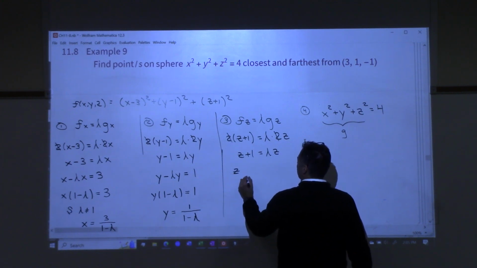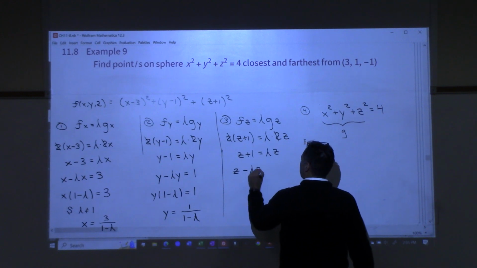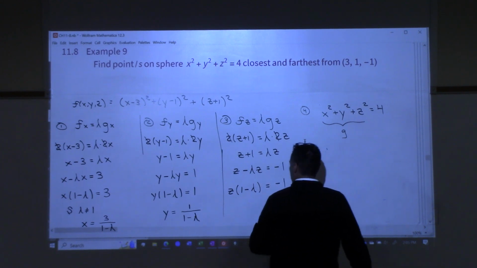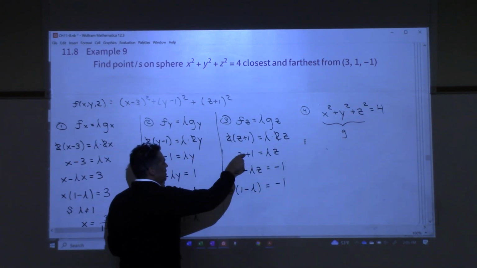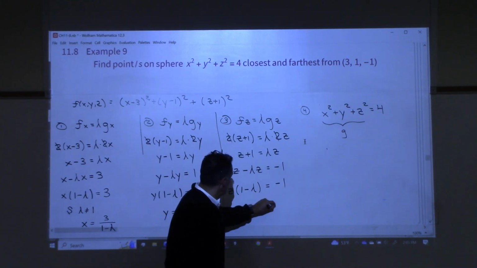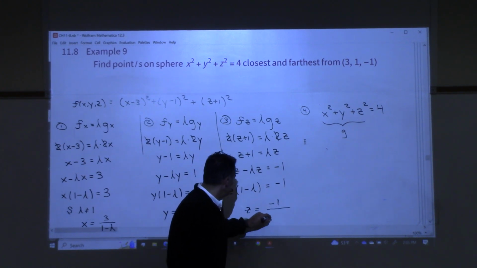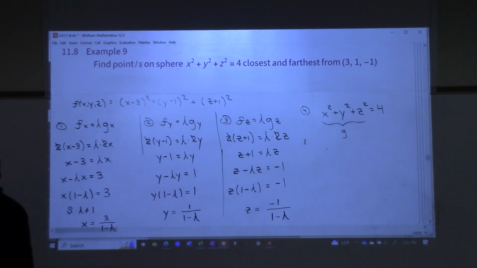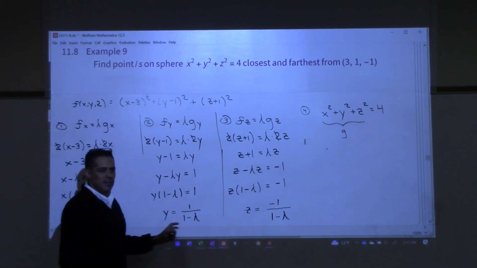All right, over here, same thing. Actually, yeah, I'll bring it over. This will be negative 1 this time. So bring everything to the left, take the 1 over to the right, divide through again, and you get an equation here for z. So as long as lambda is not 1, this is what x is, this is what y is, this is what z is.